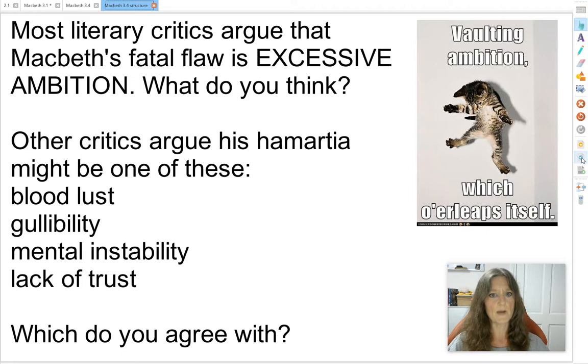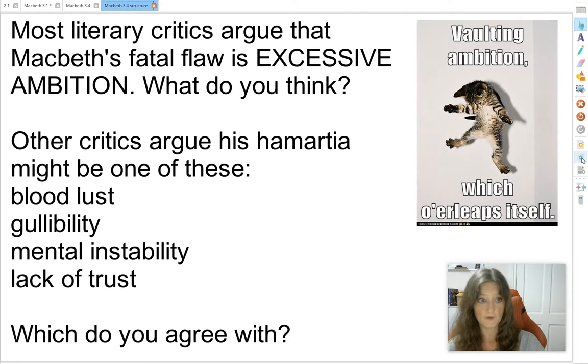What is Macbeth's fatal flaw? What's his hamartia? Most literary critics will argue that Macbeth's fatal flaw is excessive ambition. He's too ambitious. I'm not always convinced that ambition is the worst flaw in Macbeth's personality.